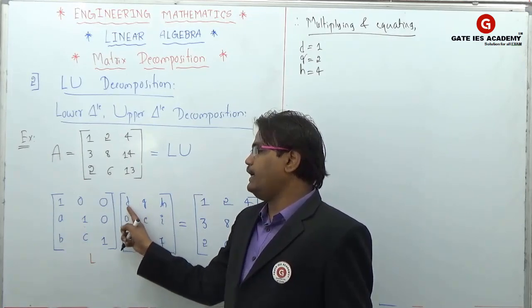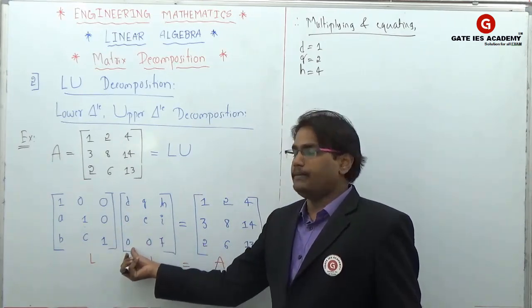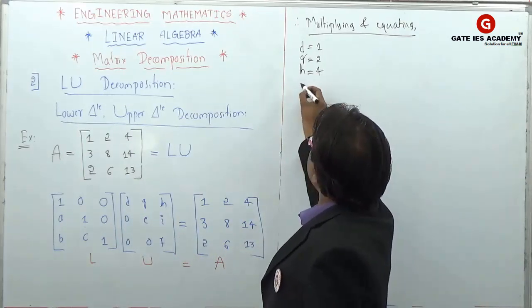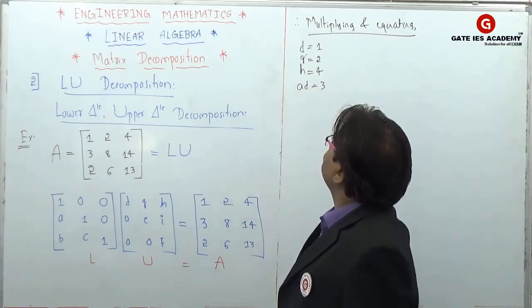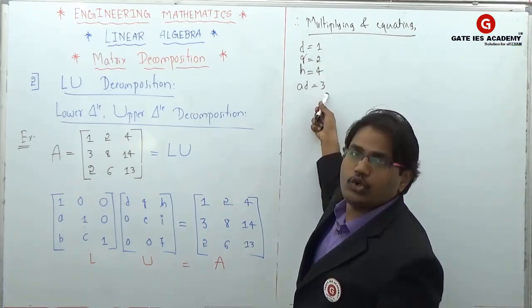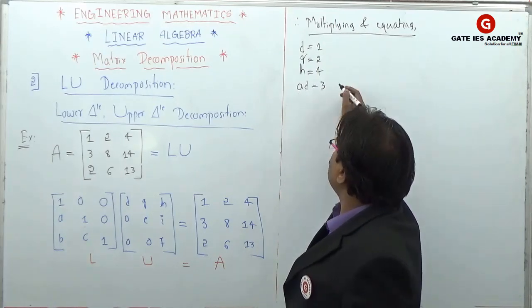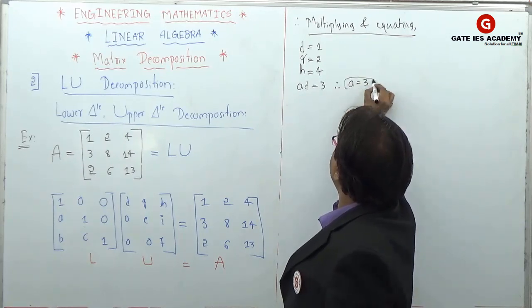So this will be A into D, and the other two terms are 0. AD equals 3. But D is known, D equals 1, therefore A equals 3.